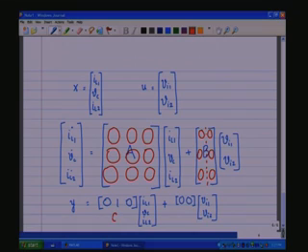So, this would be your C matrix, this would be your D matrix, this is your B matrix and the A matrix, all expressible in the standard state equation format.